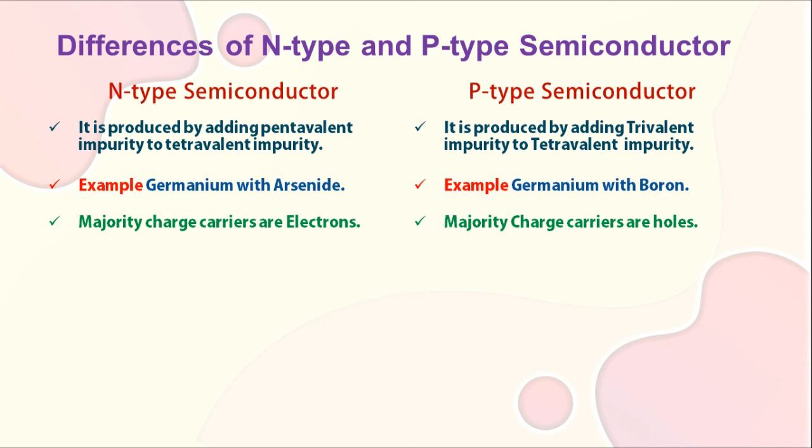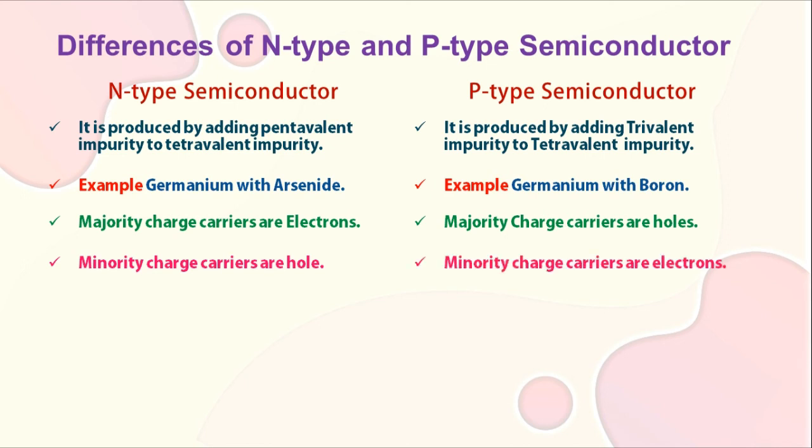Okay, this is one more difference. Then one more difference, the minority carriers, is exactly the reverse of what we learned in the third point. The majority charge carriers being electrons means the minority are holes. That is the fourth point. Minority charge carriers are holes in N-type semiconductor, and minority charge carriers are electrons in P-type semiconductor.